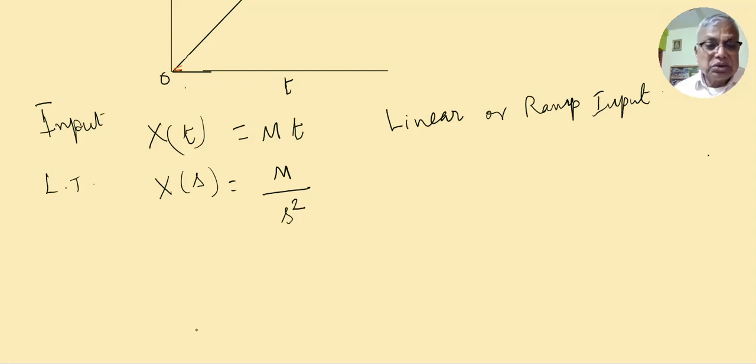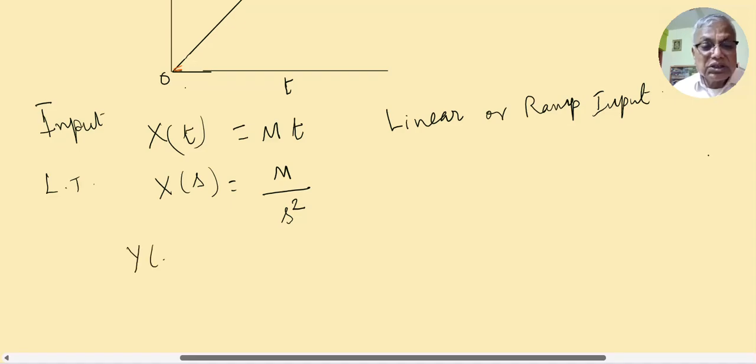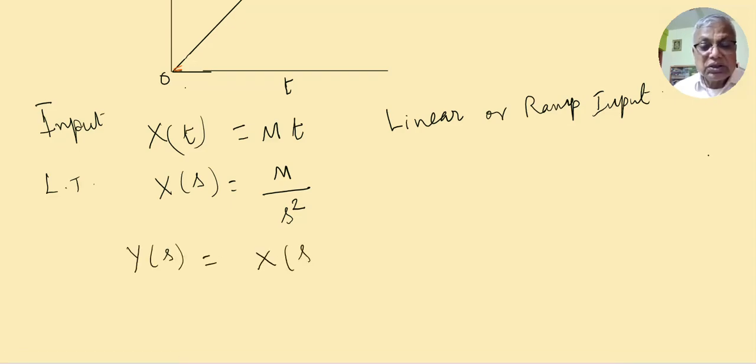And if you substitute in the transfer function, y of s equals X of s into G of s, that is equal to m by s square into the first order transfer function of the thermometer, K by tau s plus 1.